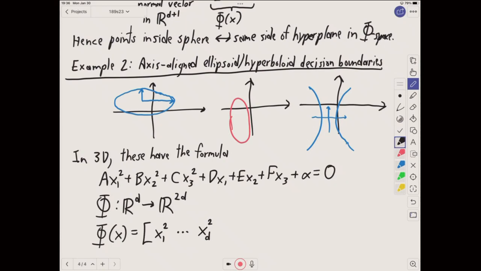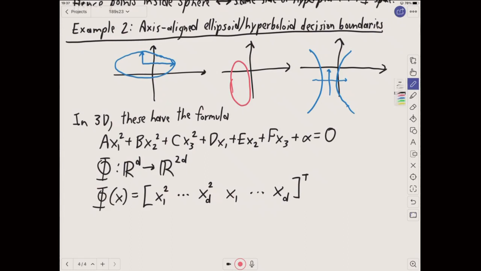Instead of just doing x squared, now we're doing the components of x, each squared. And do also x1 through xd, so all of the original vector is still in there. I'm going to write a transpose on that because we really want that to be a column vector.